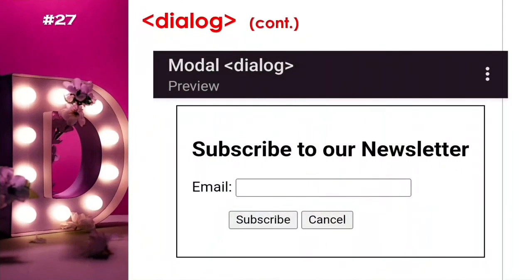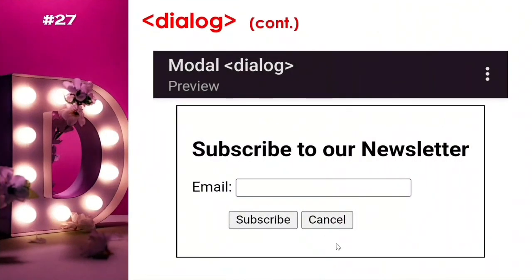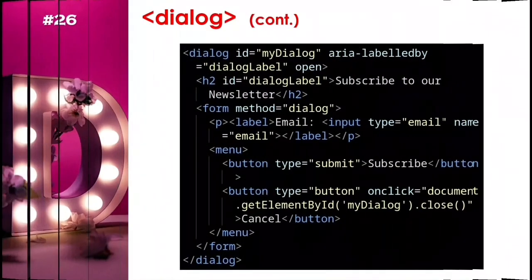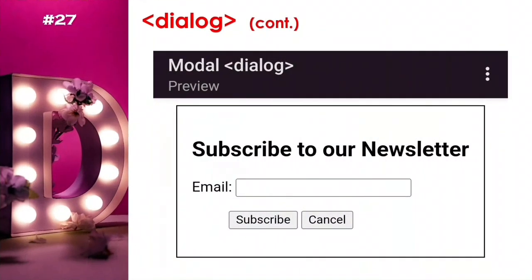Inside this dialog element, I have an H2, and a form with an email input, a submit button, and also a cancel button, right? The submit button says subscribe, and the cancel button says close it, right? So this is the dialog that's going to be shown.